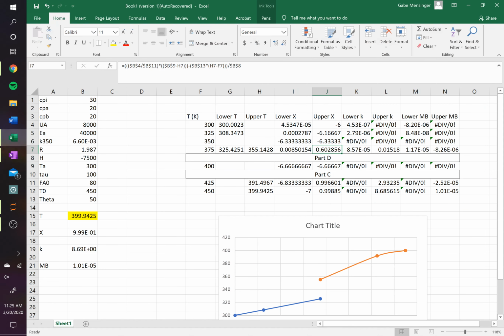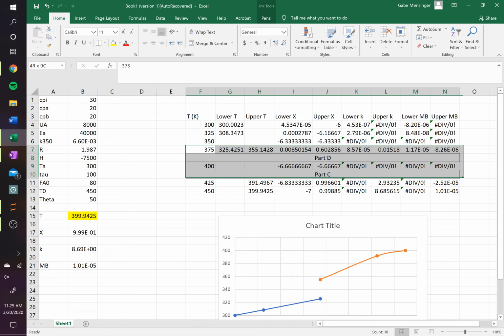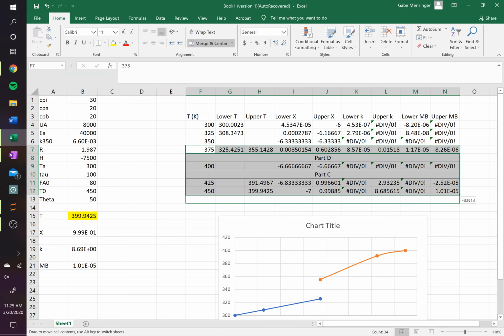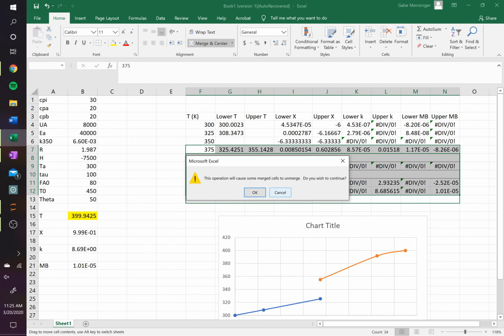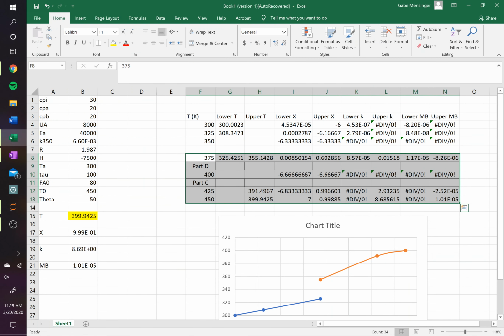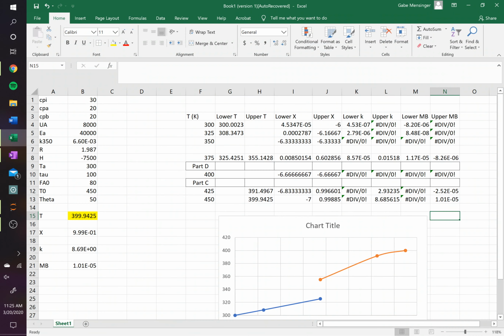And again, it's going to be more guessing and checking to find the minimum value at which this upper branch is going to be able to solve. Your hint on this one is it's going to be between 350 and 375.